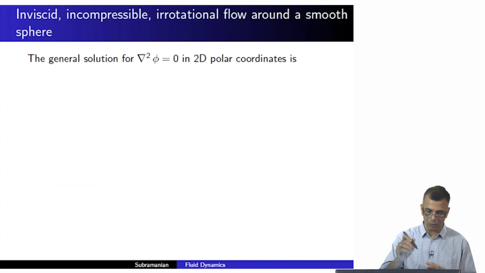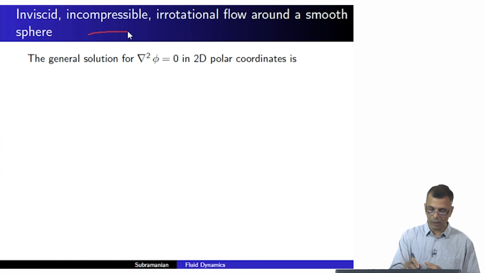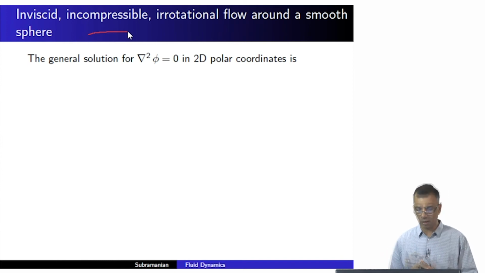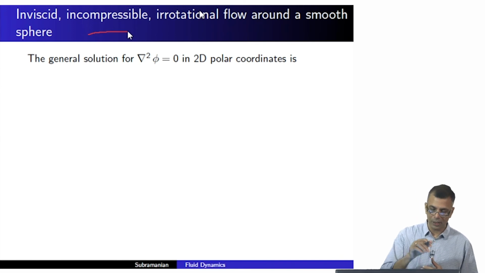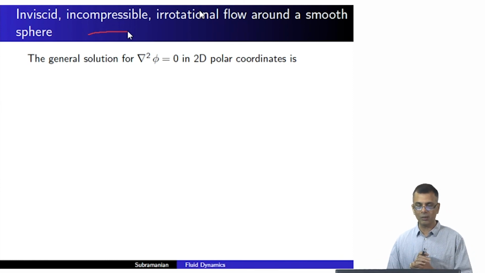Let's look at one or two of them. An example of inviscid, incompressible, irrotational flow around a smooth sphere. These might seem like lots of adjectives, but it's a highly idealized situation to be sure.